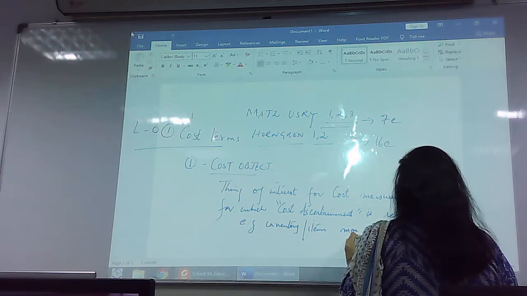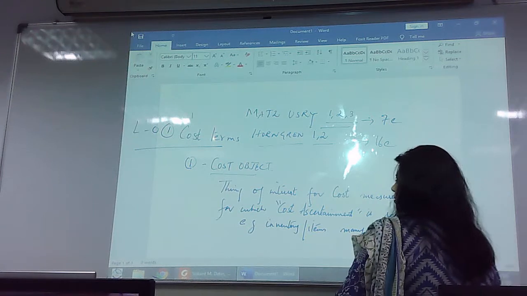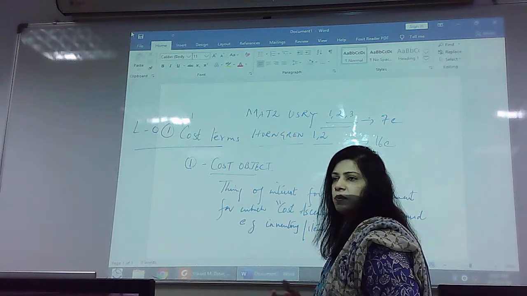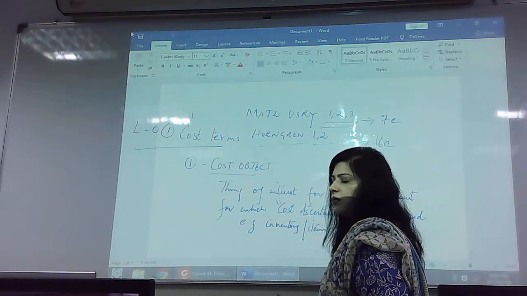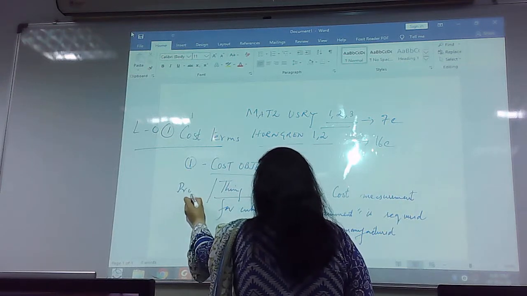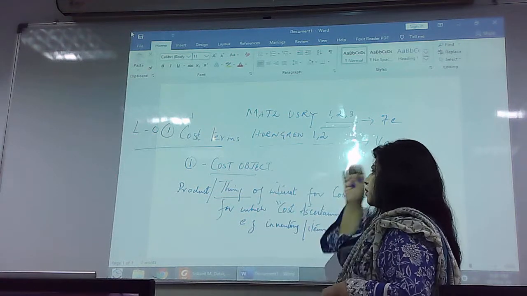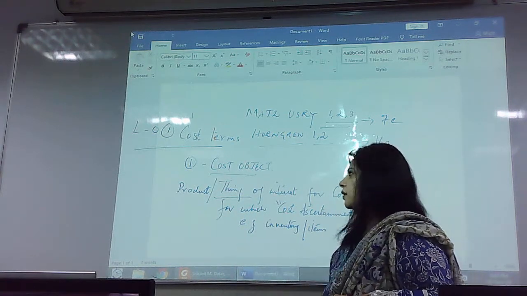Manufactured. So these are items that have been manufactured. Our cost object could be any product of interest. So things could be a product, right? You can have interchangeable terms and a few other alternatives.